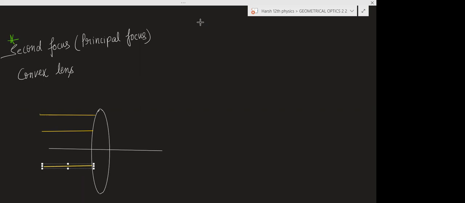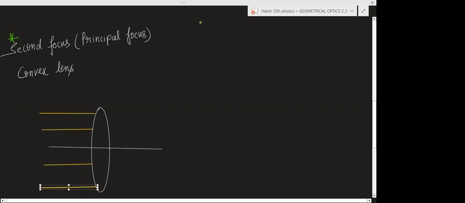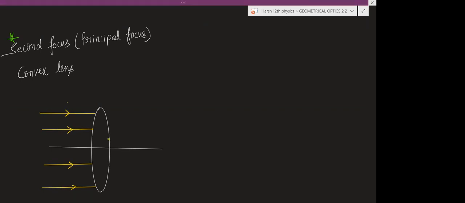We consider the sun at an infinite distance. So whenever rays of light come parallel to the principal axis, after striking the lens, they meet at a common point.